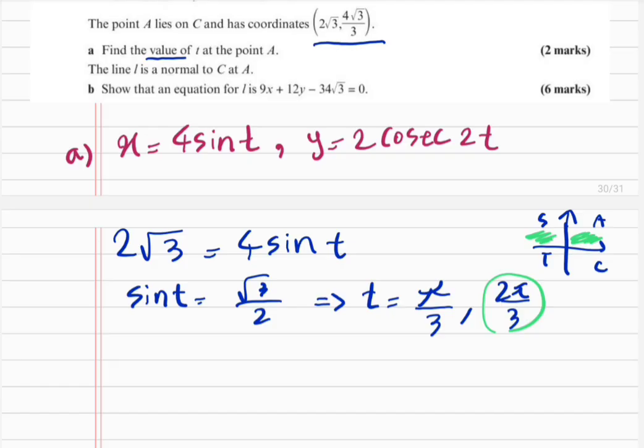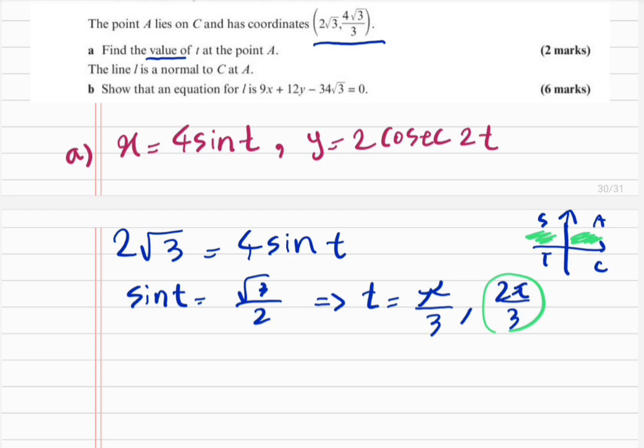Okay, so now we know the values of t, but there is maybe a problem, because the question says find the value. So it has to be one value for t. So what should we do?